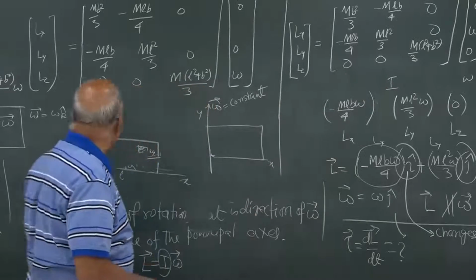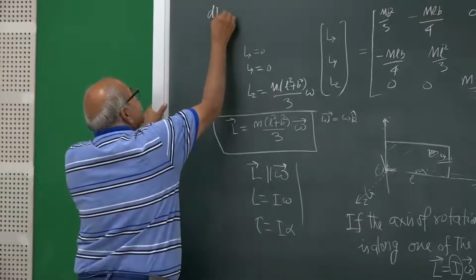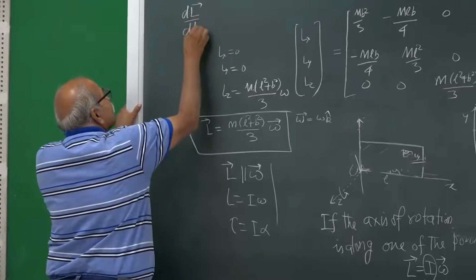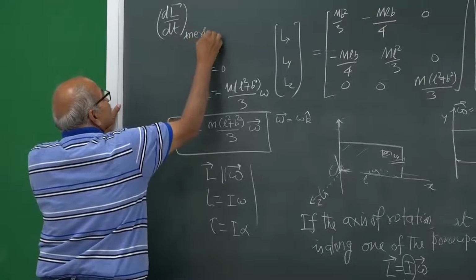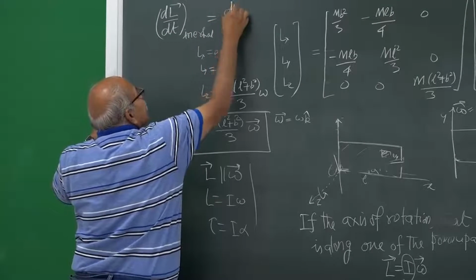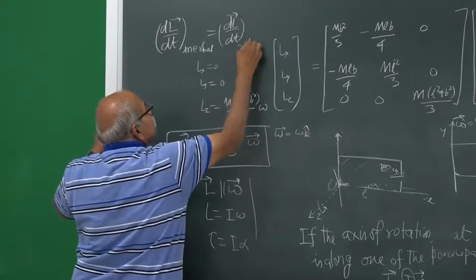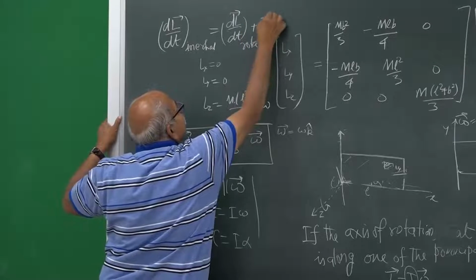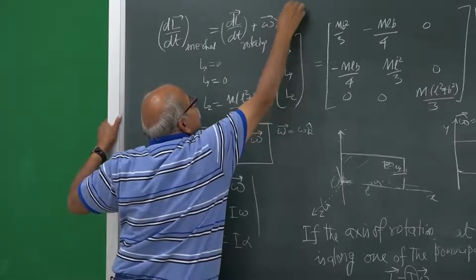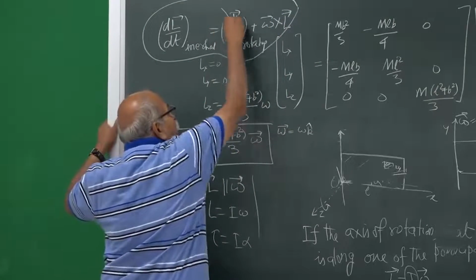So, we had this very important relation: dL/dt in the inertial frame is equal to dL/dt in the rotating frame plus omega cross L. So, in our case this is 0.